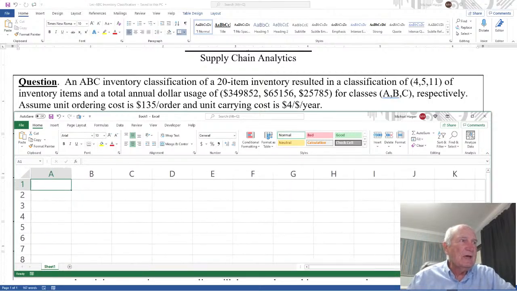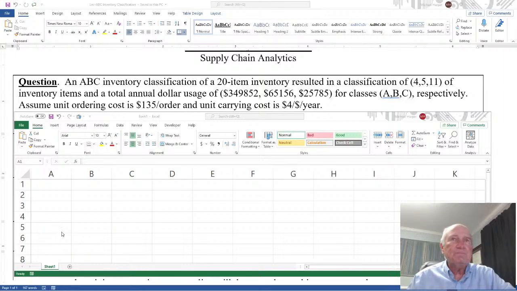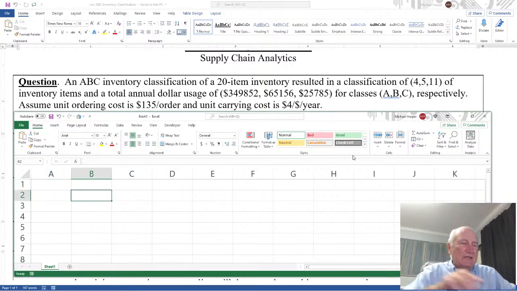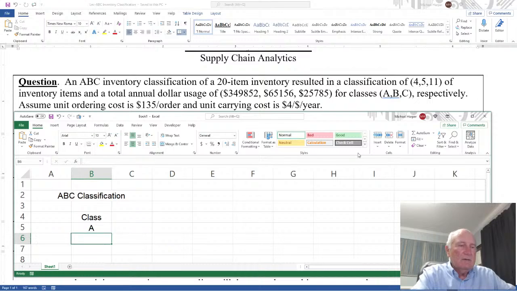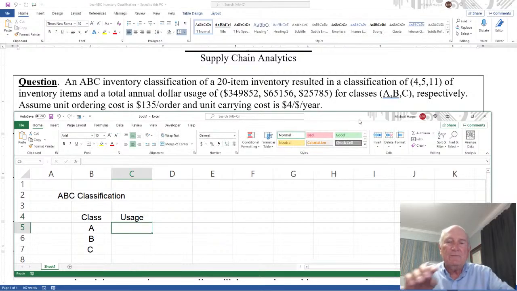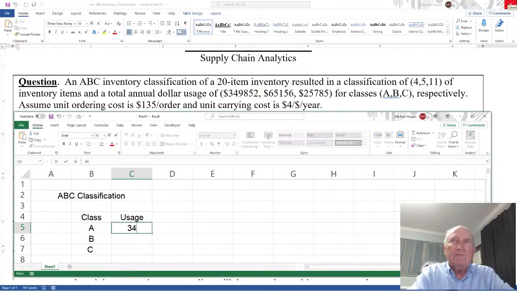Okay. So now then, this is the ABC classification, and here is going to be our class, which is A, B, and C. Okay, and then the usage, and that usage is given right here: 349,852.